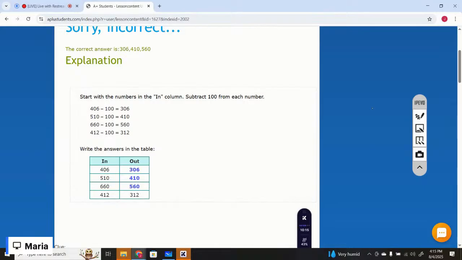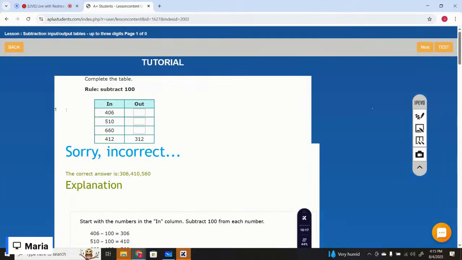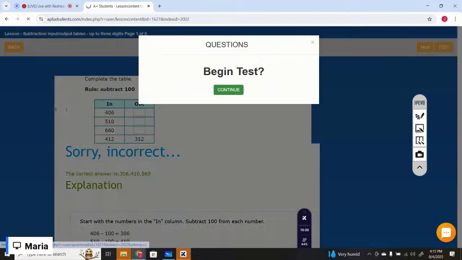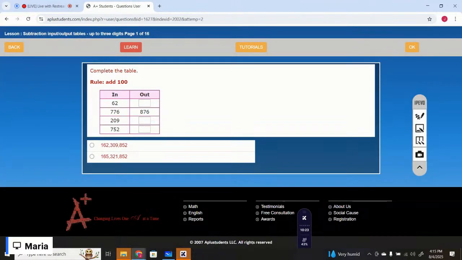So let's just start with the test questions. Complete the table. So we need to add 100 to each input value to calculate the corresponding output value.